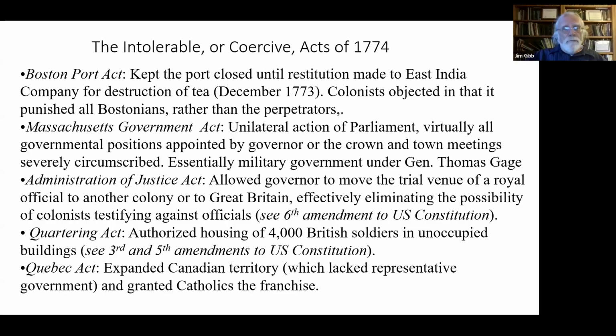So all food, all goods had to be transported by land into Boston. I don't know if people were actually starving. You get that kind of sense from some of the documents, but I think that's hyperbole. But it was a rough time for them. So the Boston Port Act had a significant economic impact, and that is what spurred the rest of the colonies on to what they did.